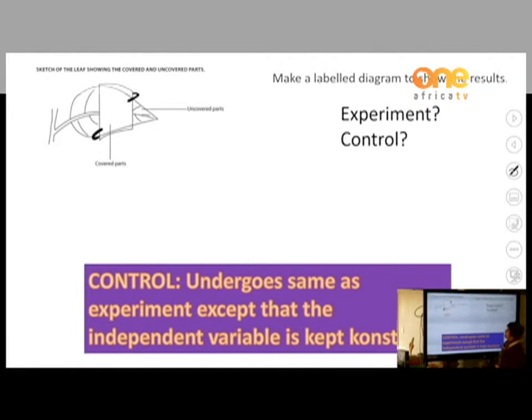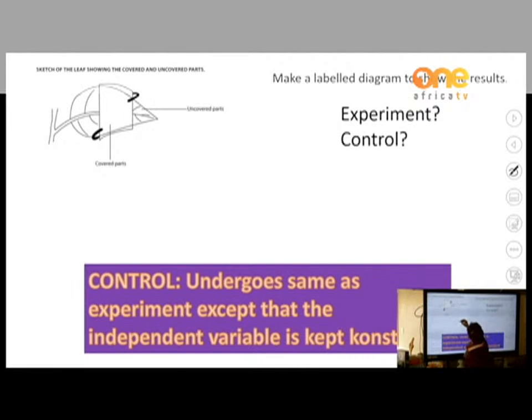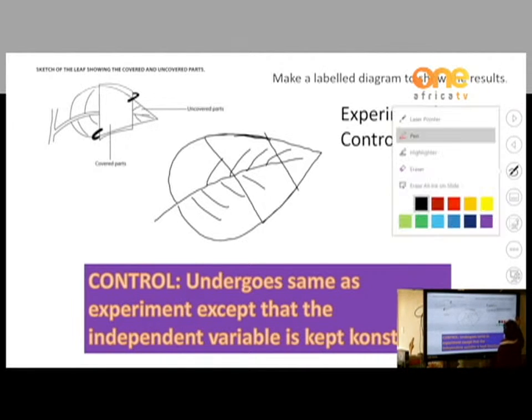And it is so important that when you do this drawing, your drawing looks exactly the same as the drawing that they gave you. Okay? So I will make sure that the part that is covered is also the part that I have covered there. Now I will have to add labels.